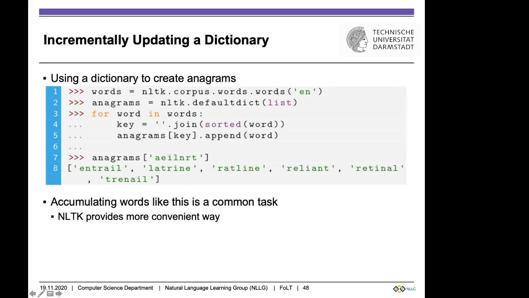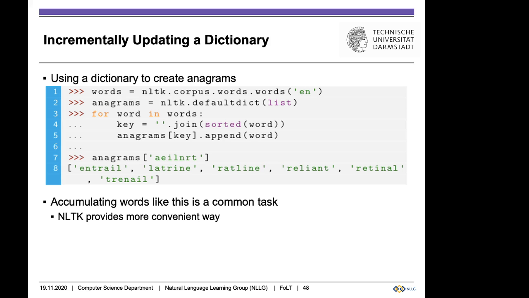Let's see another example of updating dictionaries. Suppose we want to use a dictionary to create anagrams for a particular word, which means we want to rearrange all the characters in a particular word so as to produce a number of new words that share the same characters in different orders.